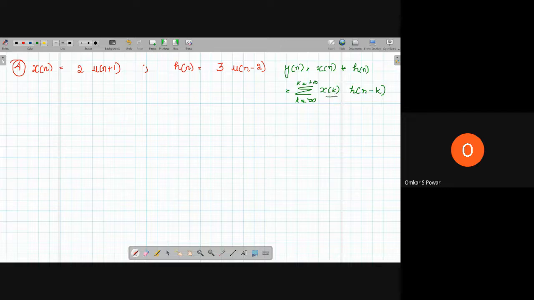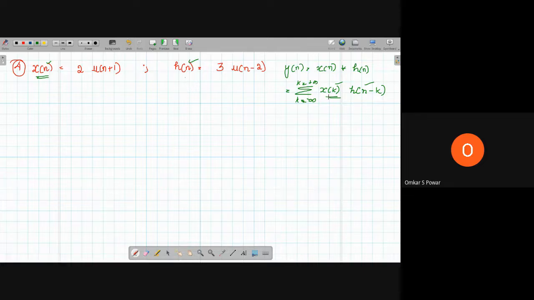So x of k, from this one I can directly get whatever I plot, I can take it as x of k, because k is the dummy variable there. Instead of n, I can replace with k. But what about h of n minus k? So first I have to plot h of k, then h of minus k I will do, then h of n minus k I will do.